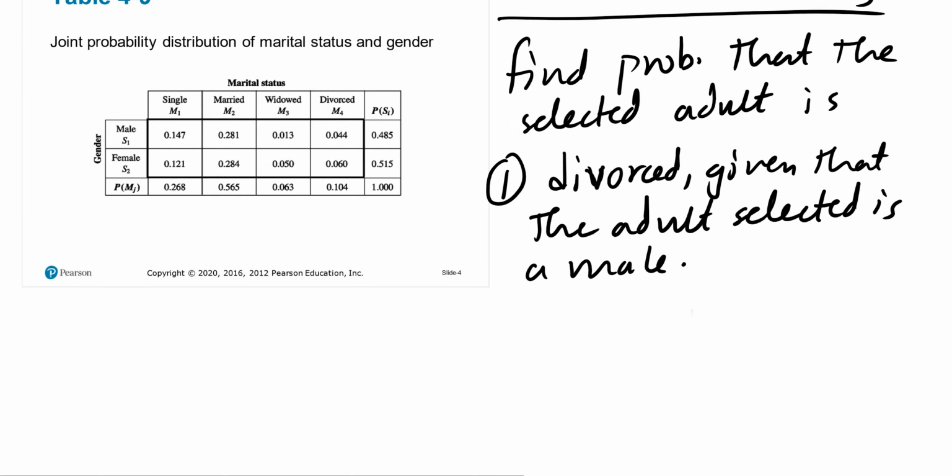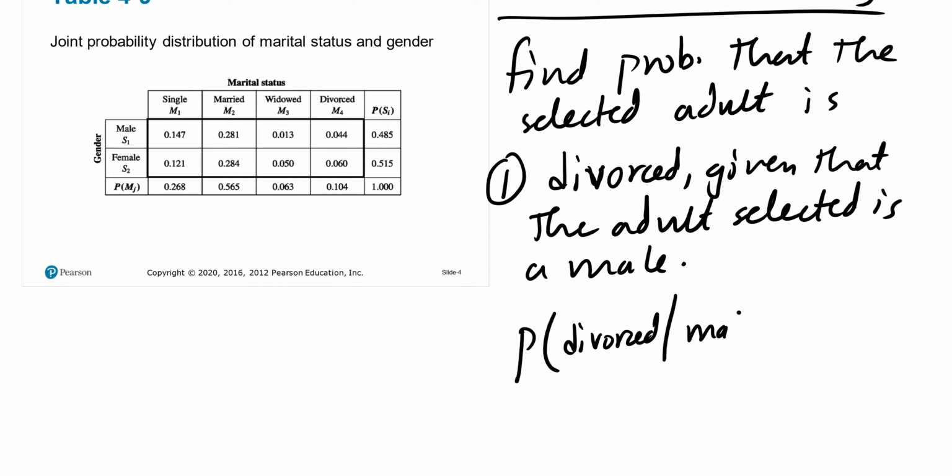So we are asked about the person being divorced given that this person is a male. Based on the rule, we find the probability that the person is divorced and male divided by the probability that the person is male.